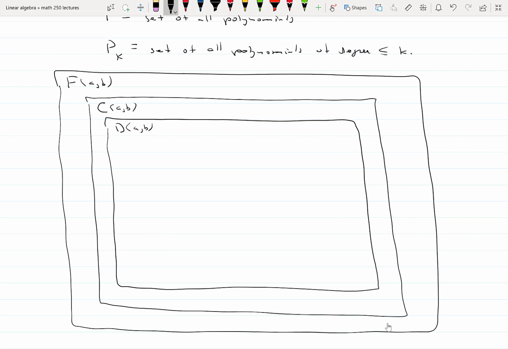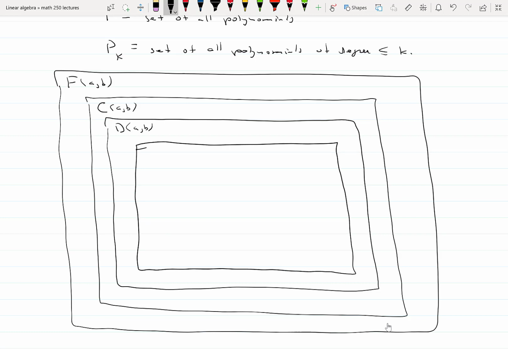If a function has a first derivative, then it's continuous. If a function is continuous, it doesn't necessarily have the first derivative, though. Inside D is Dn, a set of all functions that have n derivatives.